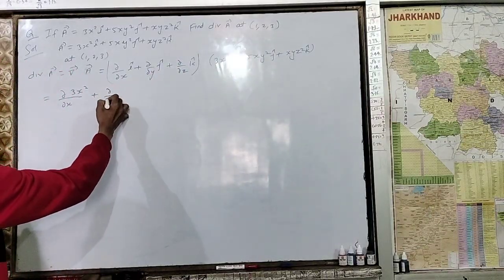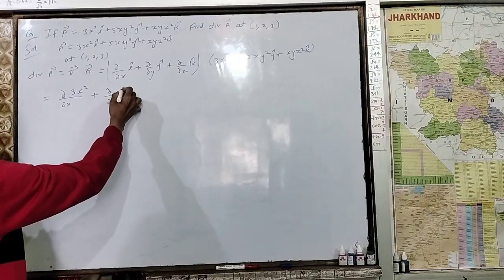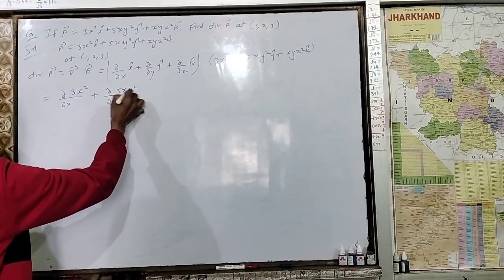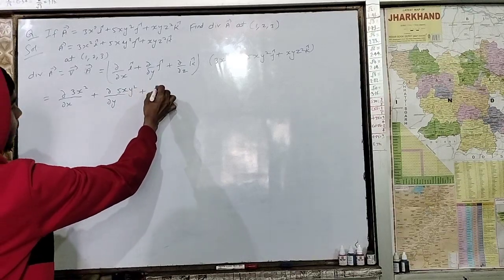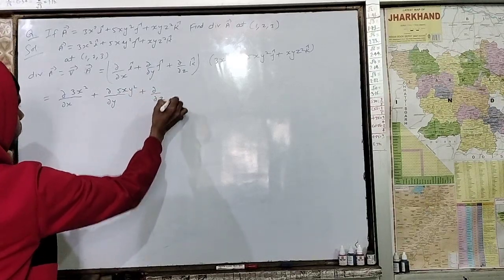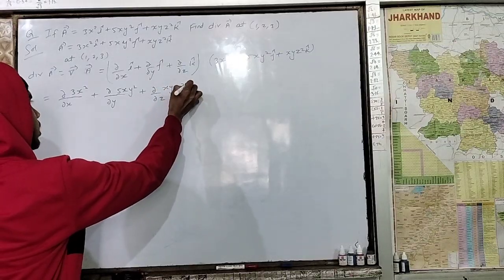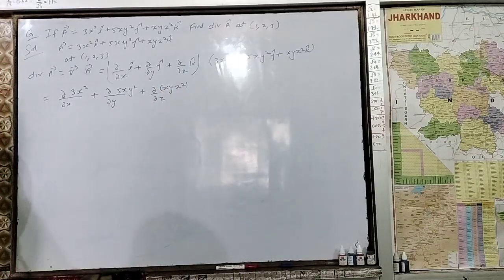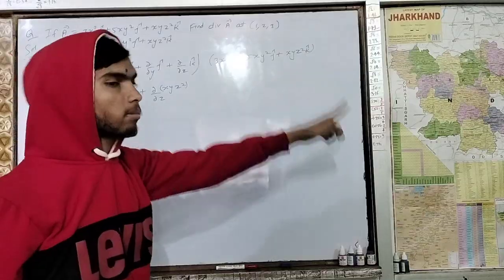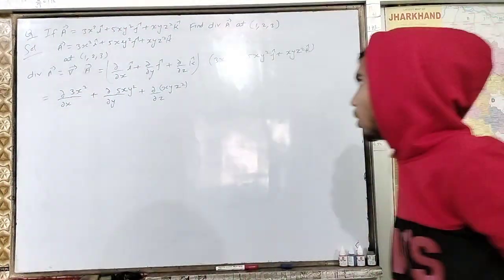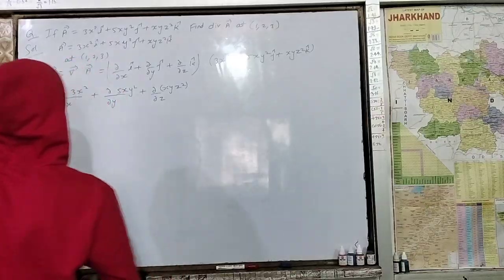So d upon dy into 5xy square. Then plus d upon dz into xyz square. Here k dot k is becoming 1.